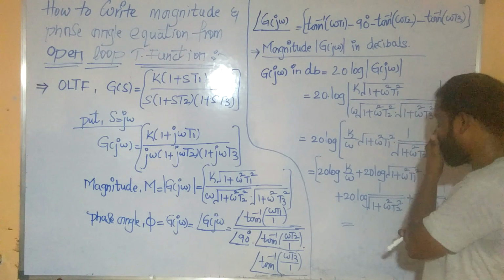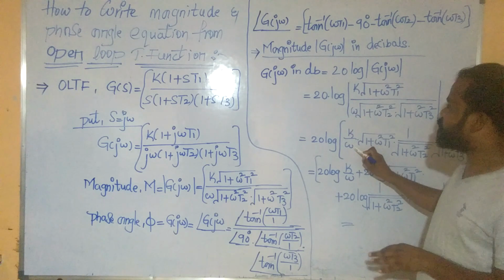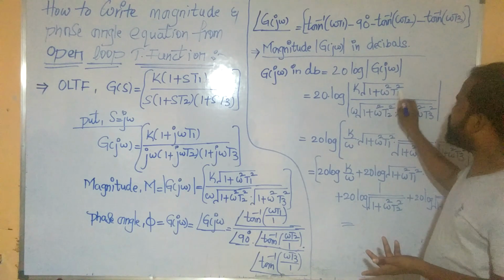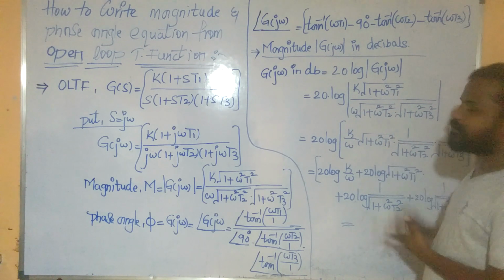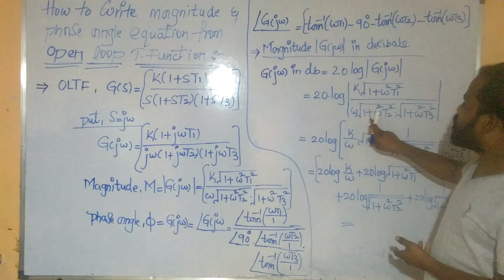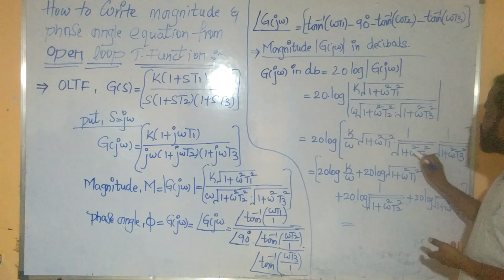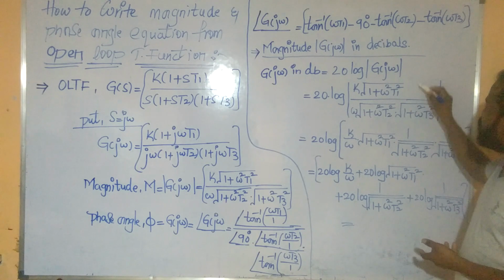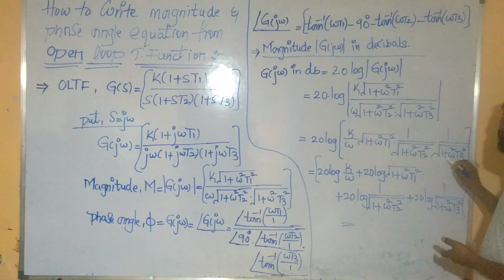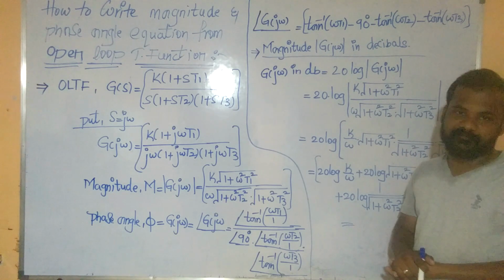So what I am doing here is just writing separately. k divided by omega is one term, and the numerator is the root of 1 plus omega square t1 square, into 1 divided by the root of 1 plus omega square t2 square, into 1 divided by the root of 1 plus omega square t3 square. Clear? So all are in multiplication form.